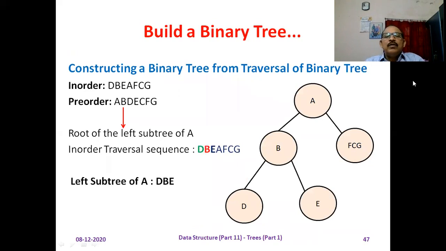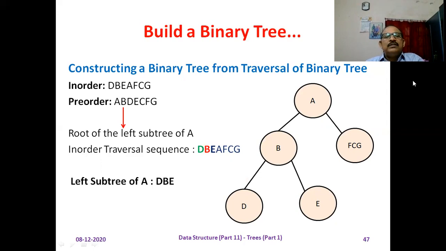Now, next step, we focus on the left subtree of A. What are the nodes? D, B, E. Is that clear? Now, next, we look at the next node in the pre-order traversal sequence.